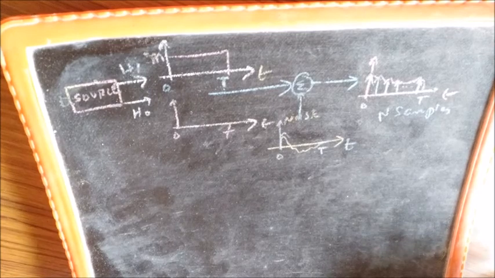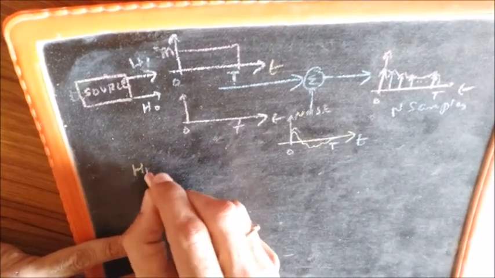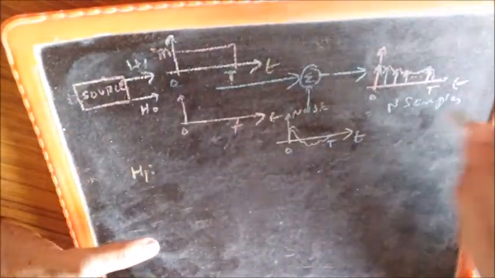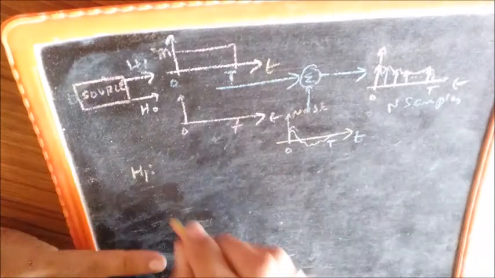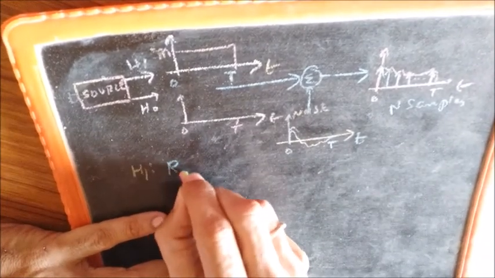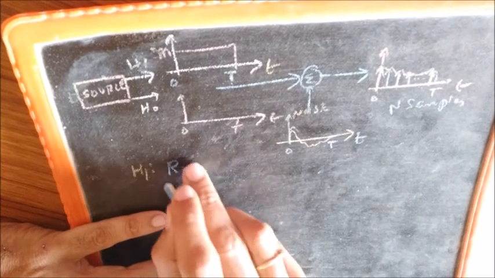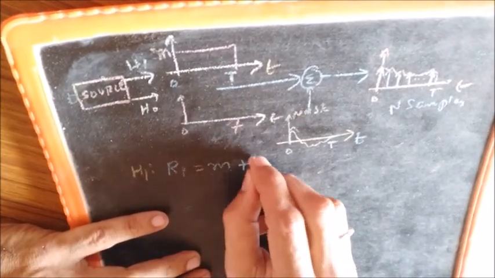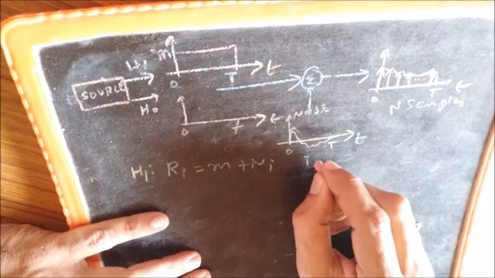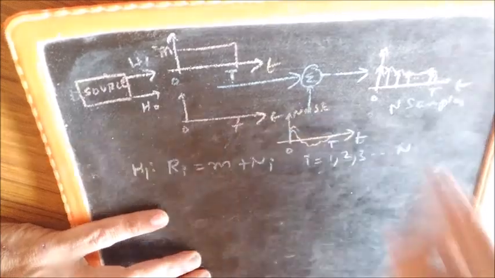Now, what we receive when H1 is the true hypothesis, so we have taken n samples, is R_i, which will be equal to m plus N_i, i ranging from 1, 2, 3 up to n.